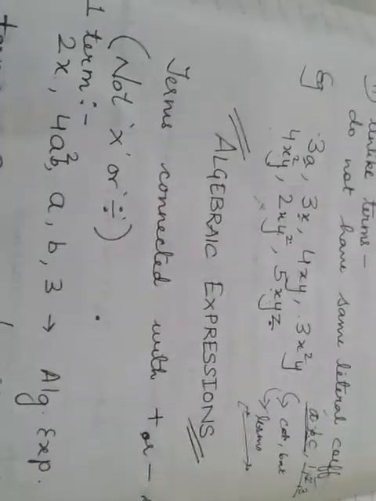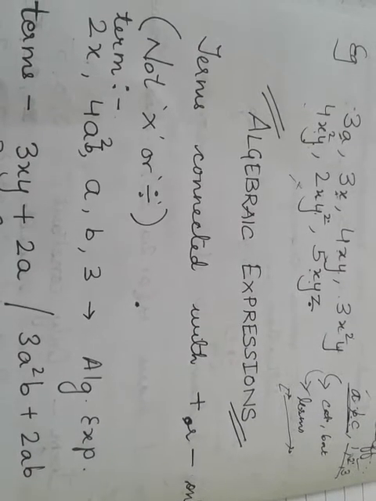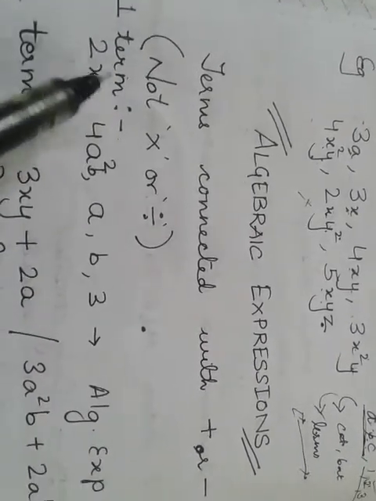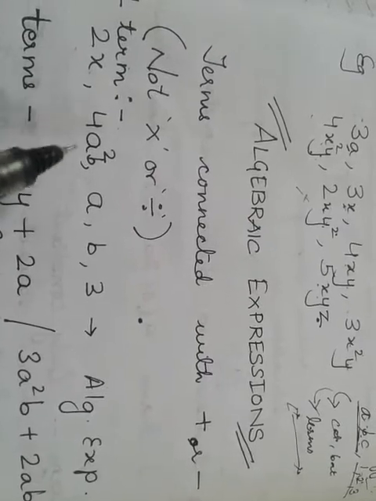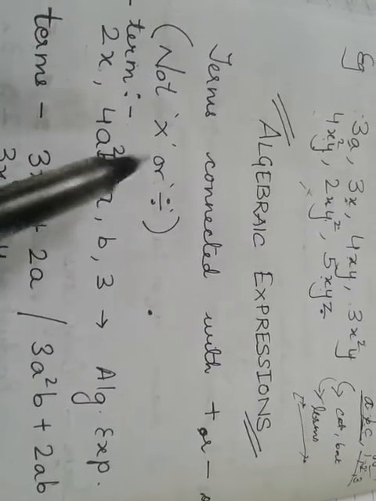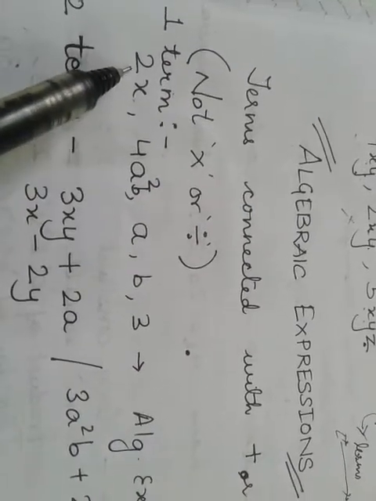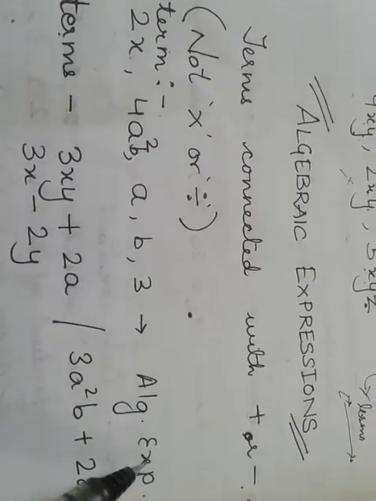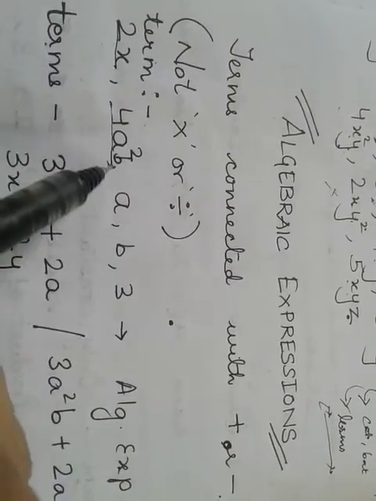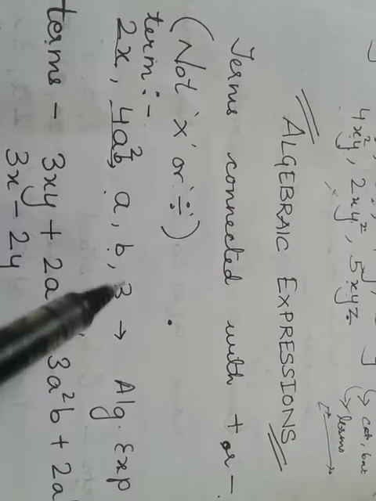Choose any 2-3 terms, just add plus and minus, and it will become an algebraic expression. Only thing is it should be connected with plus or minus. These are also terms, children. Even though I have written 2x, 4a square b, a, b, 3, these are all terms only.